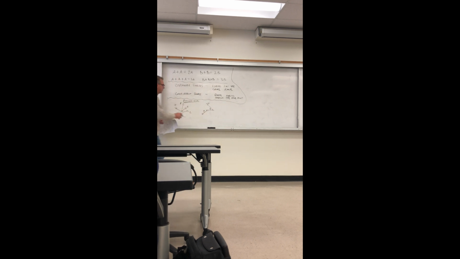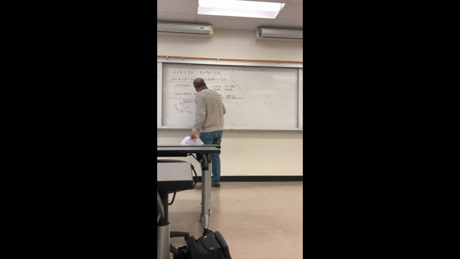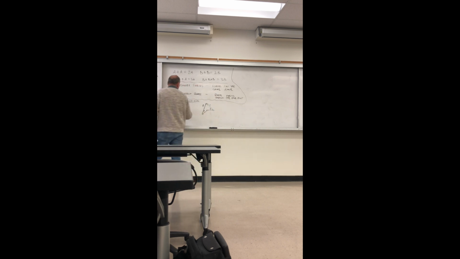So the resultant, it's not obvious when you look at it like this, but if you put the right magnitude, the right lengths, and the right angles, and you put the tail of one vector to the head of the other, you can see much more clearly that this is the resultant. If I draw it like this, it's not obvious, but if you draw it like this, it's the same, because that's what it is.